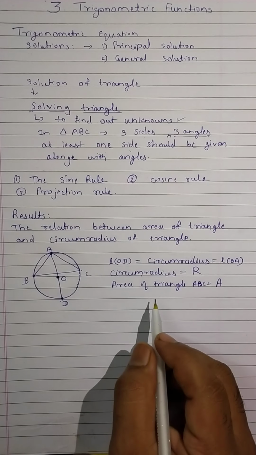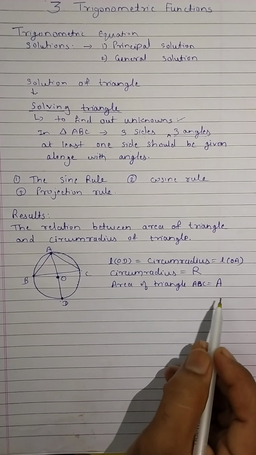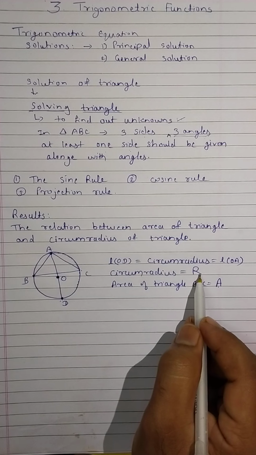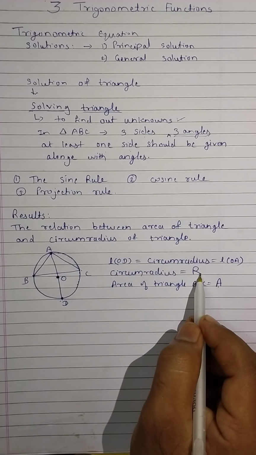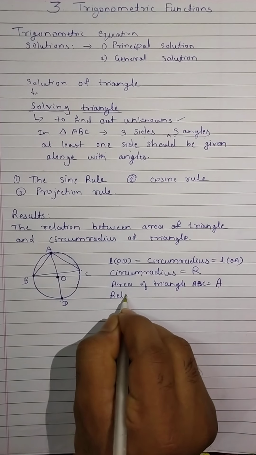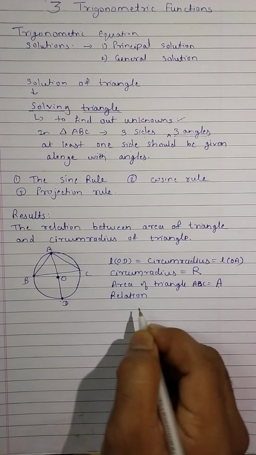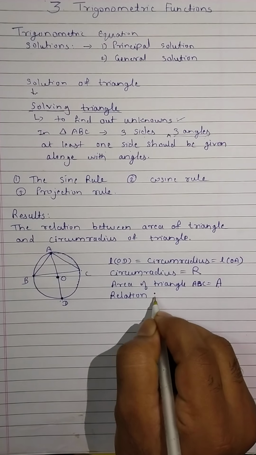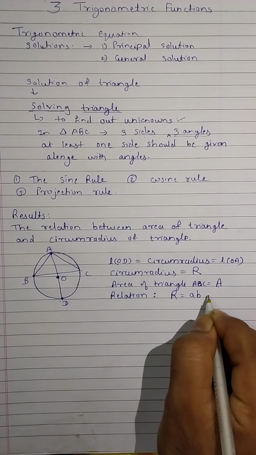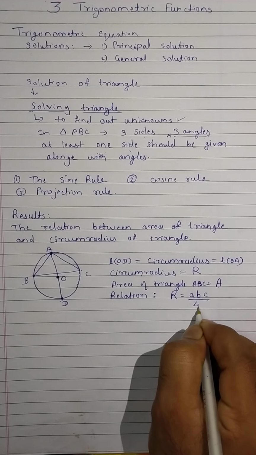Now we will prove the relation between the area of the triangle, that is A, and the circumradius of the triangle, that is R. The relation will be R is equal to abc upon 4A.